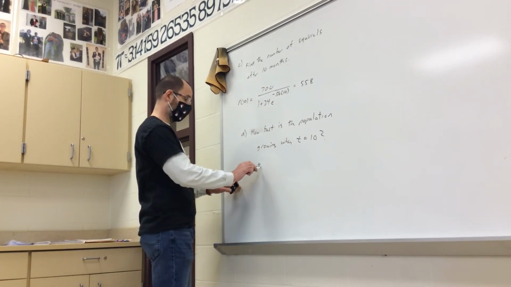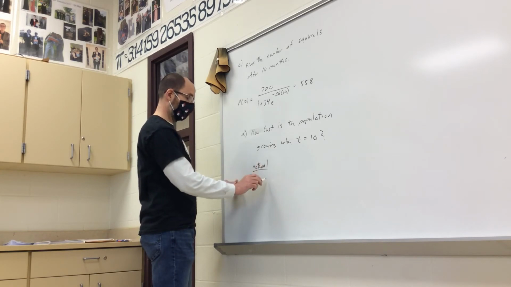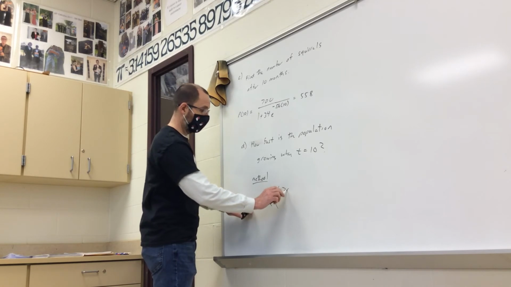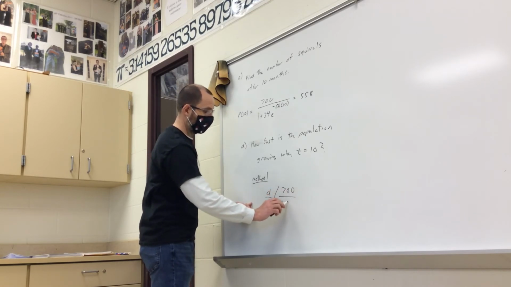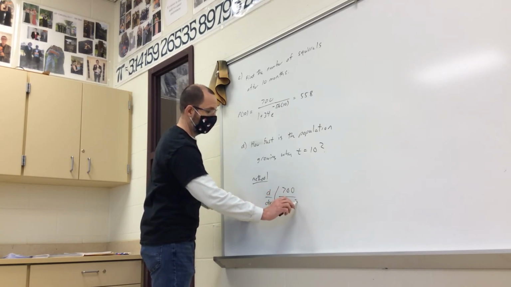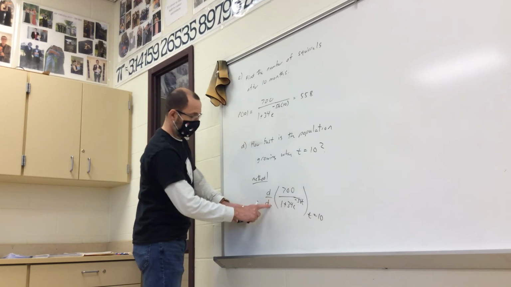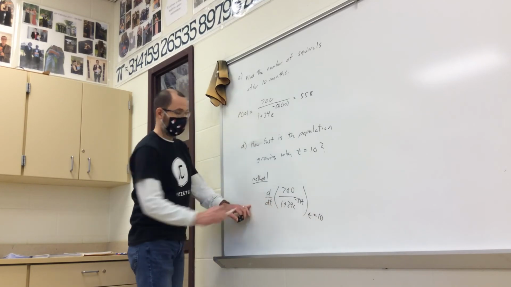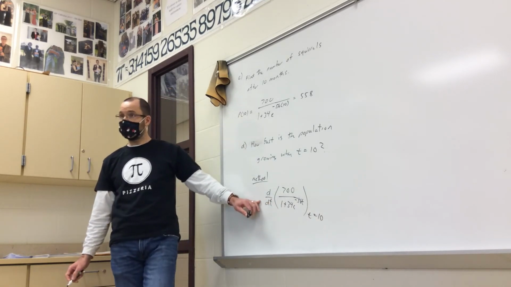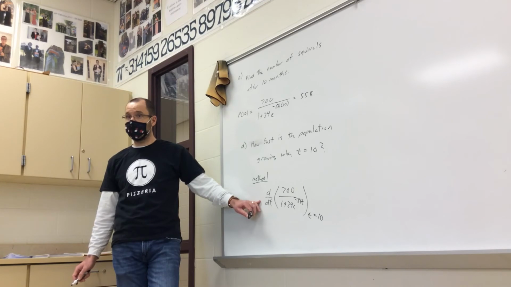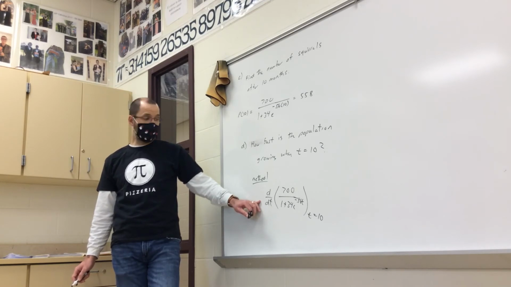So here's method one. How fast it's growing is the derivative of the population. Sorry, the variable's t. So we could do quotient rule on this, right? Or we could do math 8.